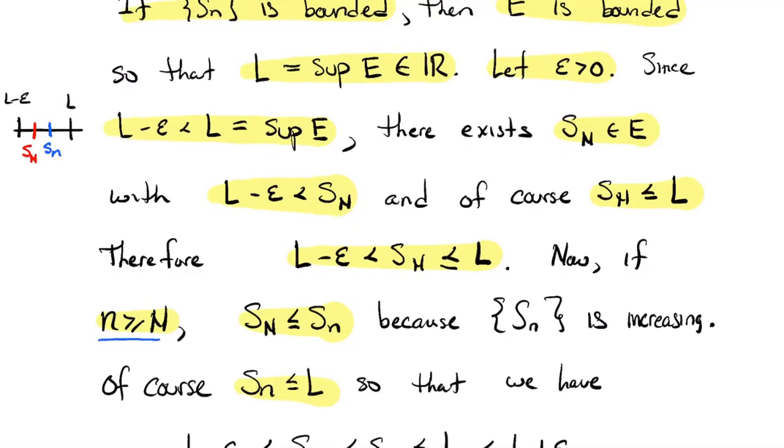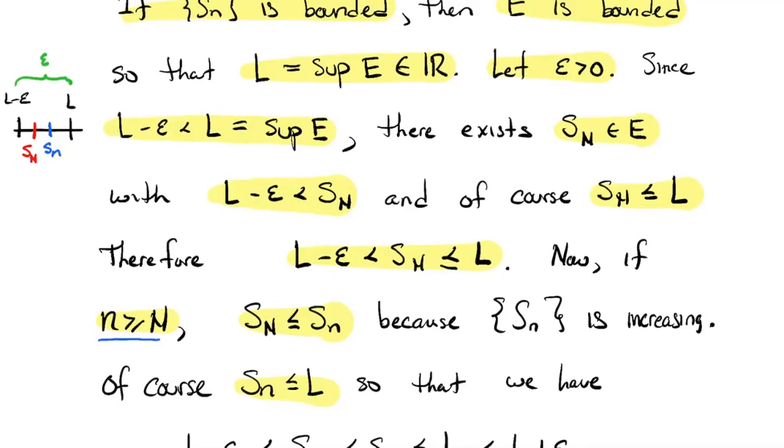What is the distance between these numbers, L minus epsilon and L? Well, that distance is epsilon. And all the sequence terms with any n greater than or equal to capital N have to lie in that interval. They have to be between S sub N and L. So in particular, they have to be closer to L than epsilon. The distance between them has to be less than epsilon.